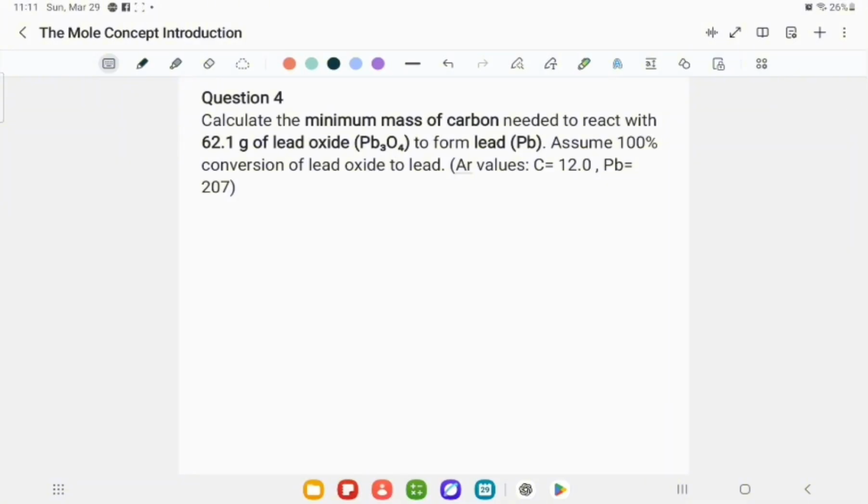First, we have to write the balanced chemical equation when lead oxide reacts with carbon to form lead and carbon monoxide.